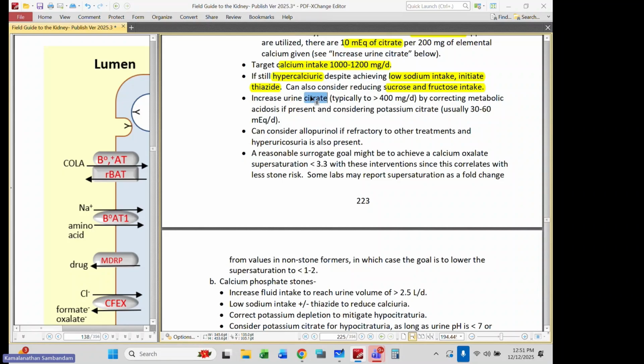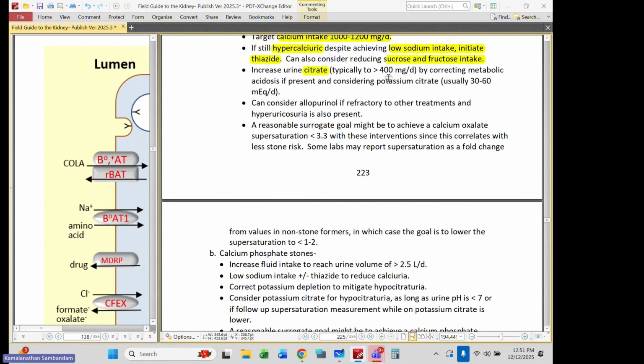Urinary citrate is another push point in trying to reduce kidney stones. I certainly should try and correct a metabolic acidosis if that's present. That itself can be sufficient to increase the citrate excretion rate. And then I can do that either through correcting the chronic diarrhea, right? If you have a chronic diarrhea, treat that, give them their anti-motility agents, right?